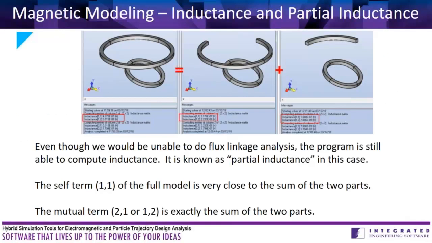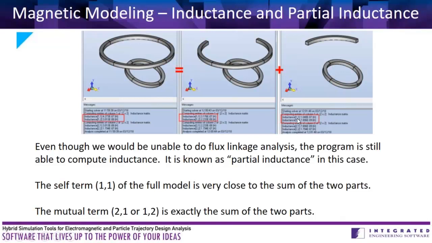So let's illustrate a little bit by simply taking out a section of the top coil. If we take that out and look at the inductance here, we see 3.17e-7 for the self term. Now if we model only the missing part for the top coil, that was 1.04e-7.